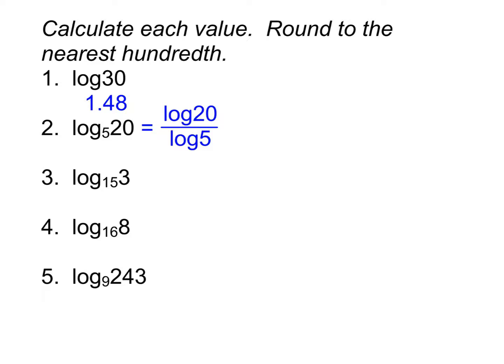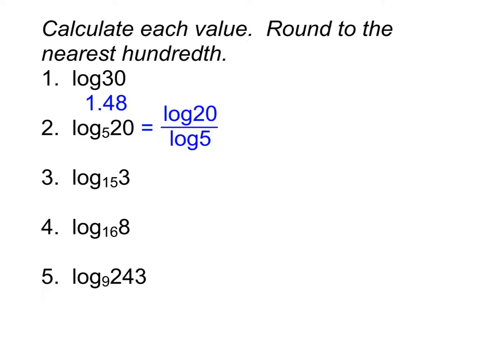When you do this calculation, again, it depends on what kind of calculator you're using. If it's a graphing type calculator where it's showing you what you type in, you do log 20, close the parentheses, and then divide by log 5. If you're doing it on a scientific calculator, you do 20 log, divide by 5 log.